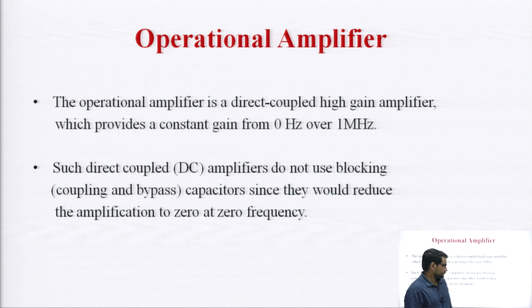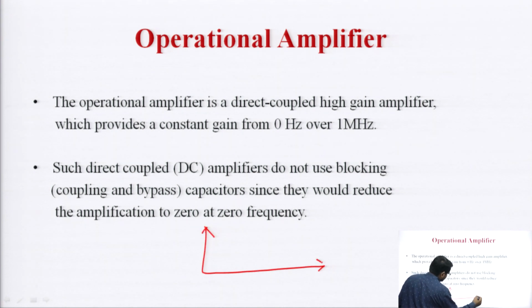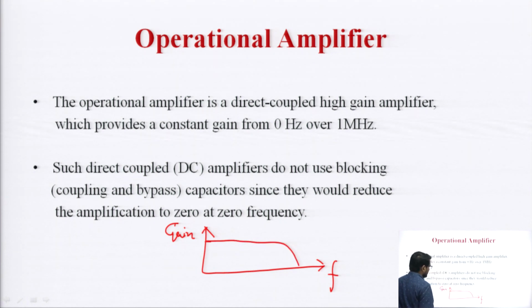We cover it here. It says that if you plot the gain versus frequency curve, that is the frequency response of an operational amplifier, we find a typical graph which starts from 0 hertz and the gain will be constant up to 1 megahertz.